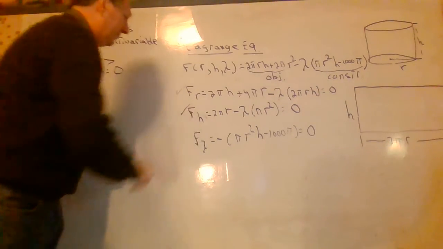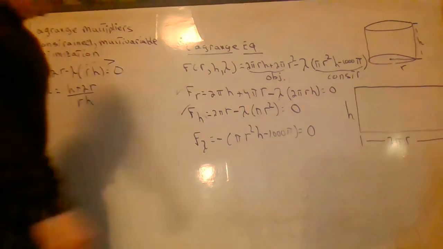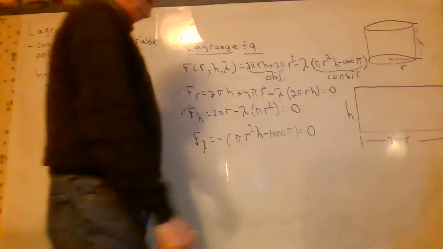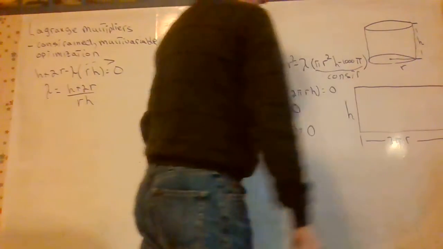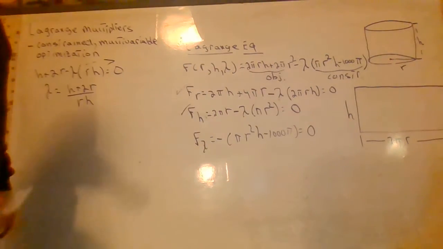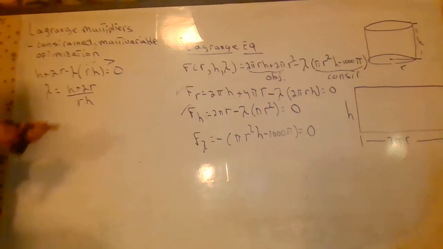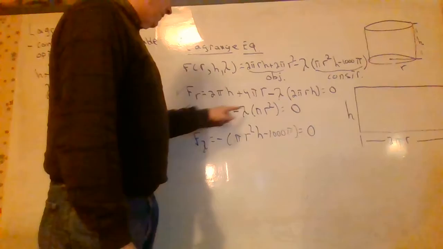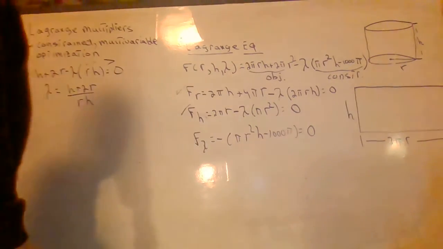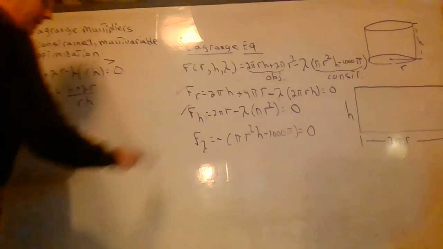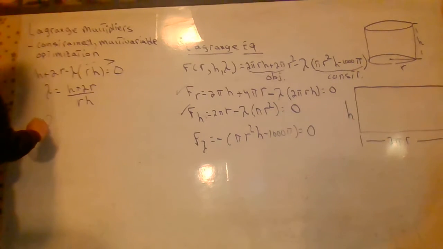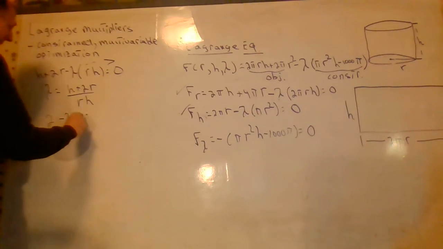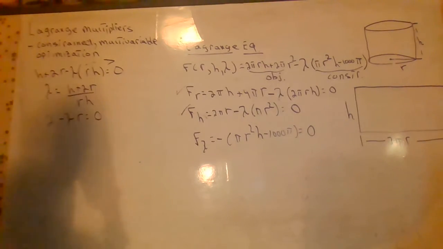Next, same thing, simplify this. You can get rid of pi, you can get rid of r. We know r is not equal to 0. r equals 0, obviously, is not going to optimize things. That would give us a volume of 0, which is an impossible situation. So you can divide by pi, divide by r, and we end up getting 2 minus lambda r equals 0.